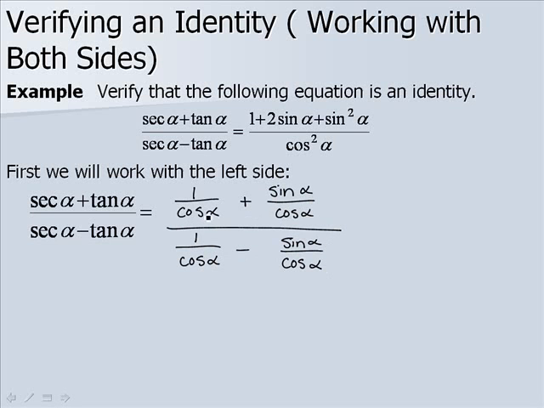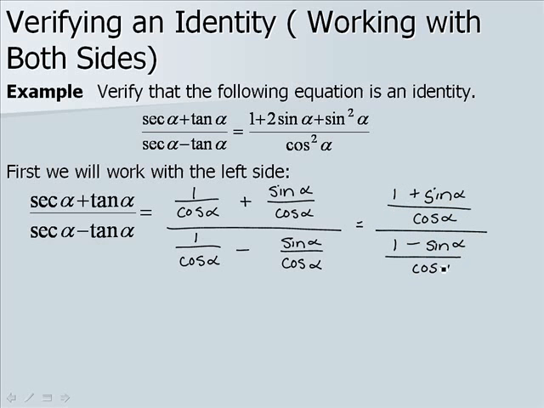Now, because we have the same denominator in the numerator here, we can put this together and we'll have 1 plus sine of alpha over cosine of alpha divided by 1 minus sine of alpha over cosine of alpha. Now, since we have a fraction divided by another fraction, we change this instead of using division, and we have 1 plus sine of alpha over cosine multiplied by the reciprocal of our bottom fraction.